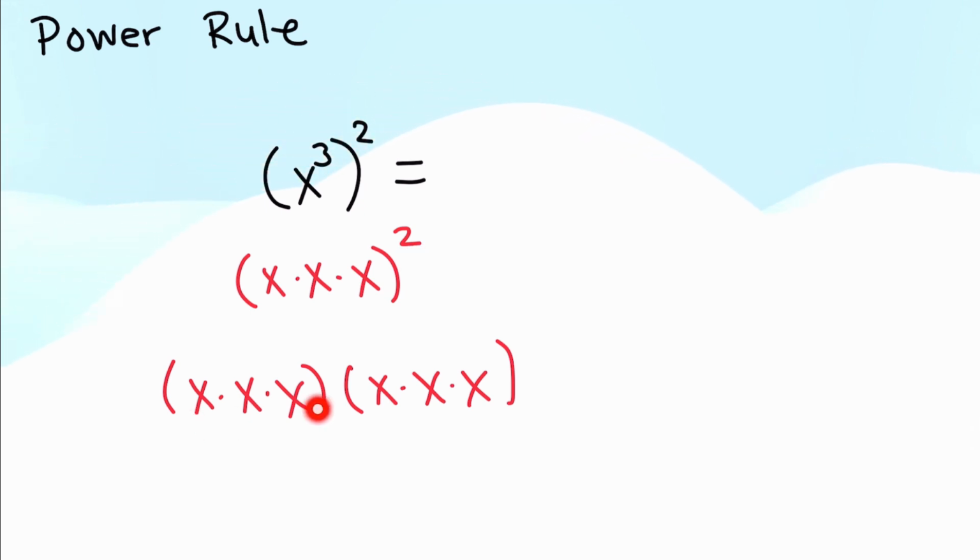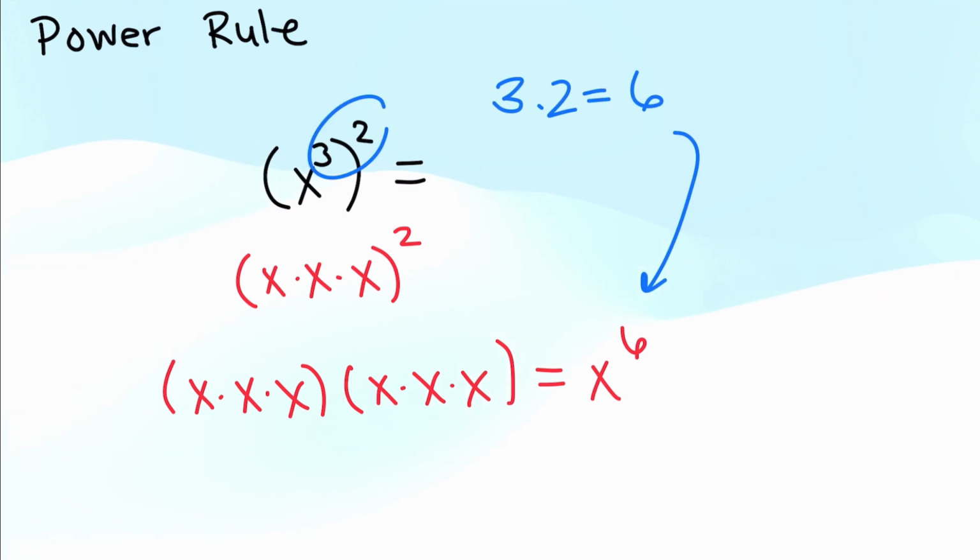So you've got 3 x's times another 3 x's. Altogether, that would be the product of 6 x's, which is x to the 6th. Now, a faster way that we could get this answer is we can actually take 3 times 2 to get that 6. That's what we call the power rule.